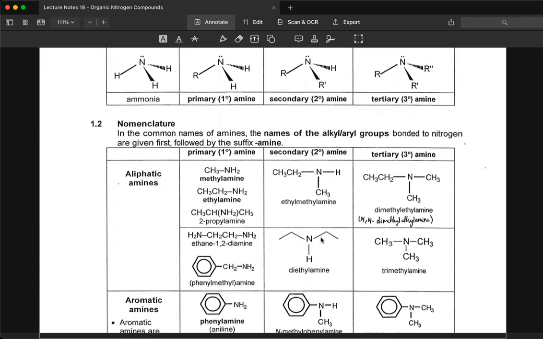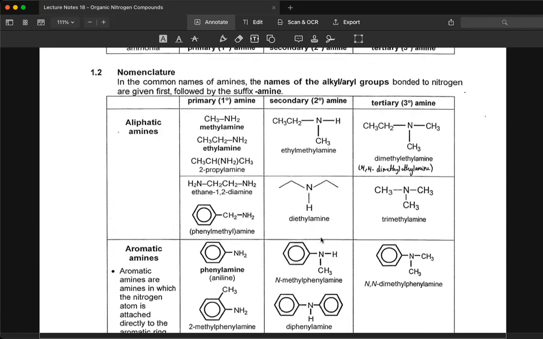In the common name of amine, the names of the alkyl or aryl groups bonded to nitrogen are given first, followed by the suffix amine. So we have aliphatic amine and aromatic amine.